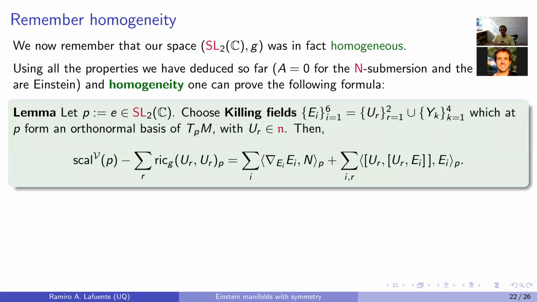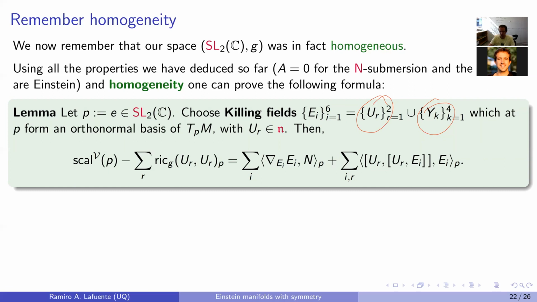So under the above assumptions, let's take p to be the identity in SL2C. And choose any basis of Killing fields: E_i, which is a union of Killing fields on N. So these span the vertical spaces, and a union of Killing fields which at the point p are horizontal, right?